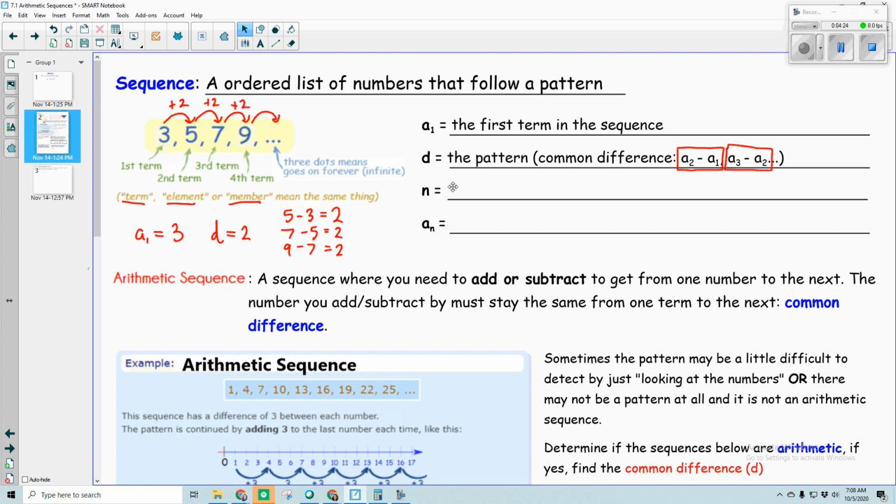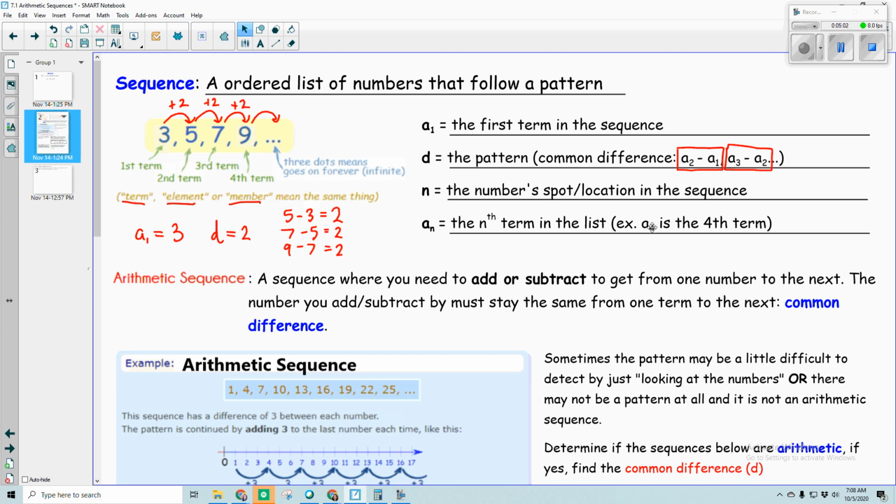The next letter you're going to see pop up is n. n represents the number's spot, its location in the sequence. For example, 7 is in the third spot in the sequence. So a sub n represents the nth term in the list, and we expect to plug in a number for n.